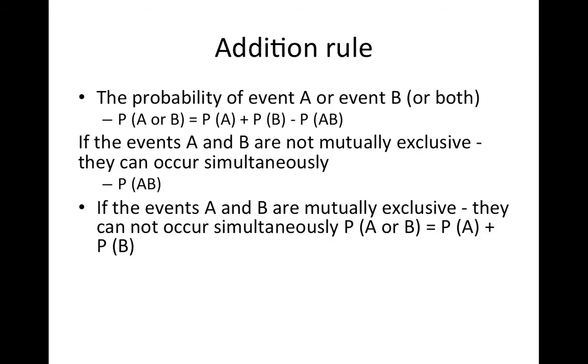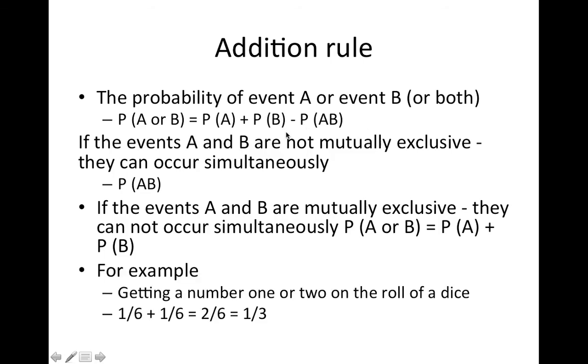If the events A and B are mutually exclusive, that is, they cannot occur simultaneously, then we don't need this last part of the equation. For example, getting a number 1 or 2 on the roll of a die. These cannot happen at the same time. So getting a number 1 or 2 is 1/6 plus 1/6, which is 2/6, 1/3.